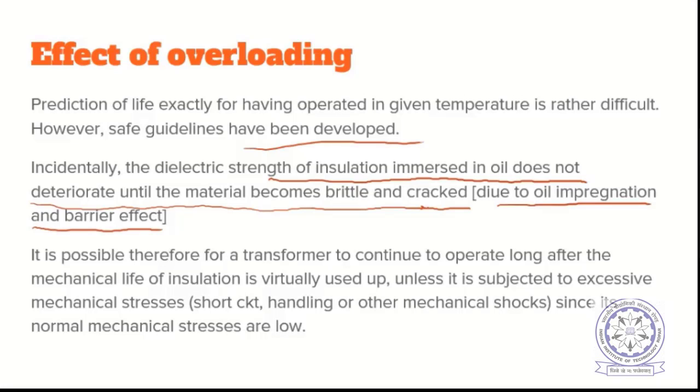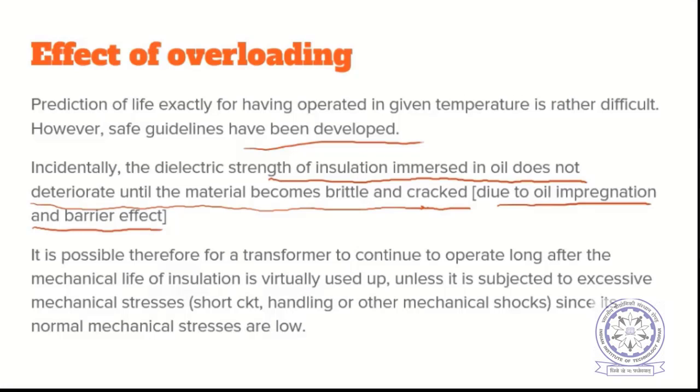For example, paper is there and you have immersed it in oil. When immersed in oil, wherever gaps or surface irregularities are there in the paper, oil is filled in. Impregnated means you are forcefully filling it. Since oil is filled like that, the weak points of the paper are already gone.